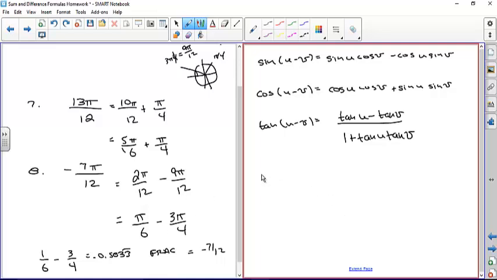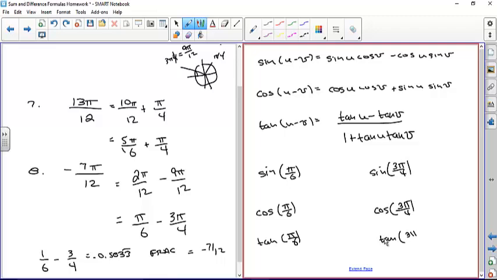And we need to know the sine of pi over 6, the cosine of pi over 6, the tangent of pi over 6. We need to know the sine of 3 pi over 4, the cosine of 3 pi over 4, tangent of 3 pi over 4. So again, you can look up on your unit circle.